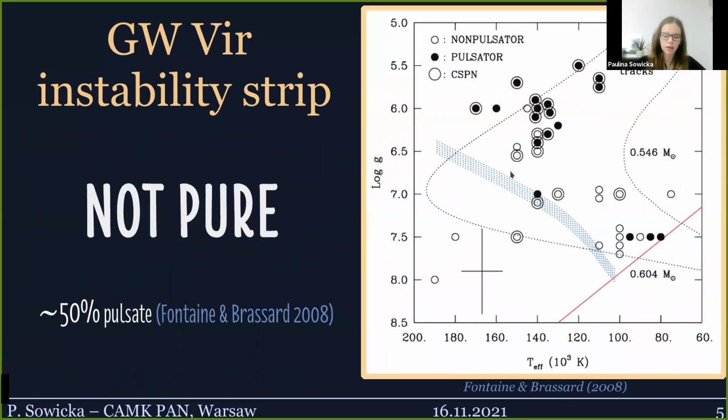The most striking characteristic of the GW Virginis instability strip is that it is not pure. In fact, we find that up to 50% of stars in this instability strip pulsate, which is in contrast to the other white dwarf domains, where basically all of the stars within the instability strip pulsate.